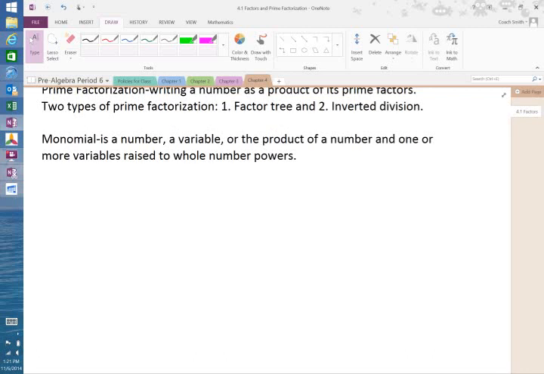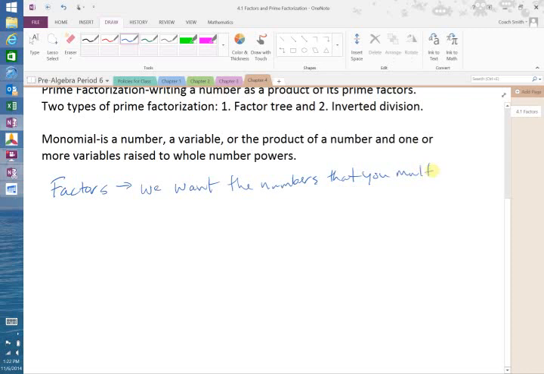All right. Let's talk about factors. When we talk about factors, we want the numbers that you multiply together to get a certain product.